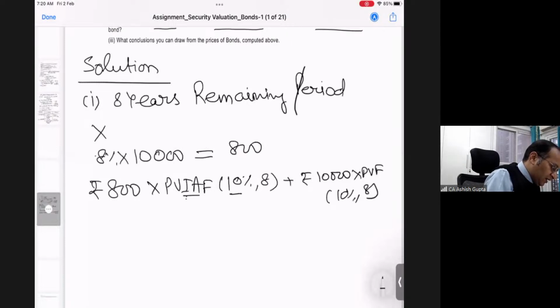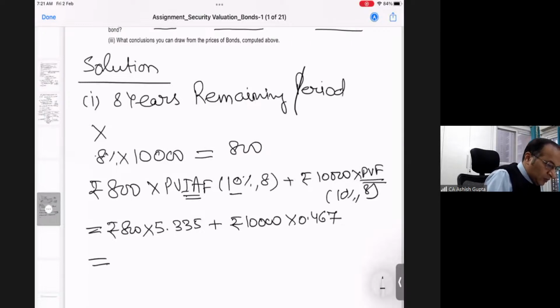Please note here we are using an annuity. Here we are using only one factor. Clear? Now we use the values. The value comes around 4268, that is the PV factor relating to your interest portion, and the total comes to 8938.